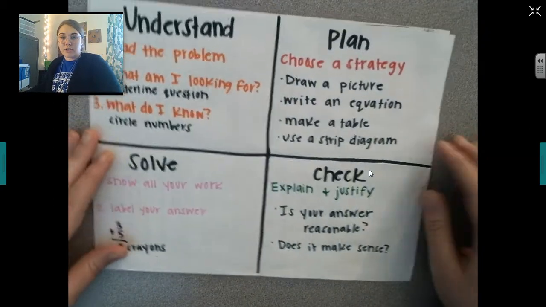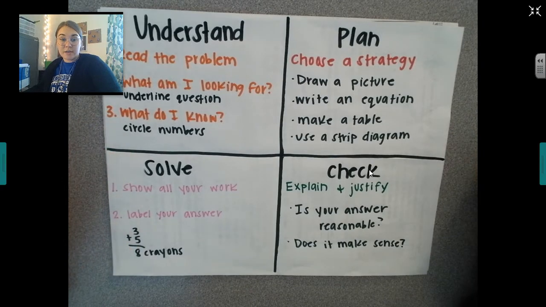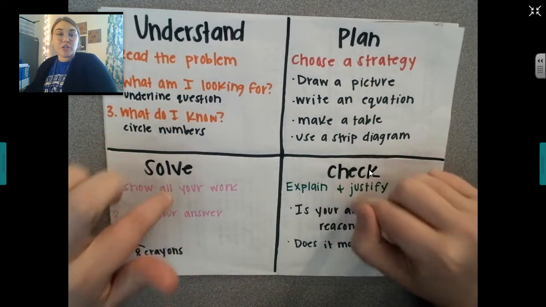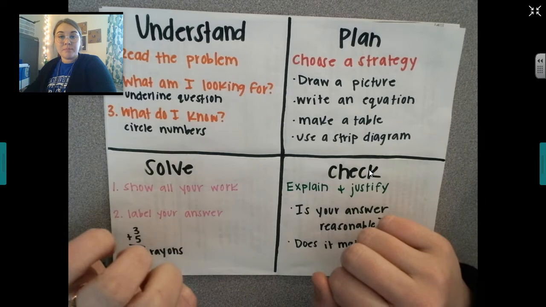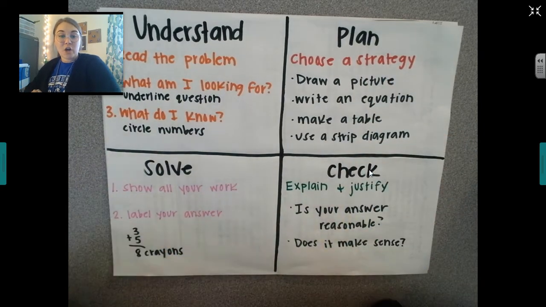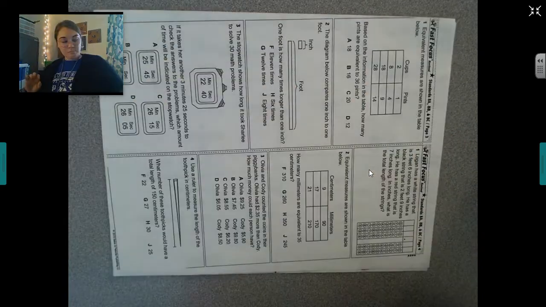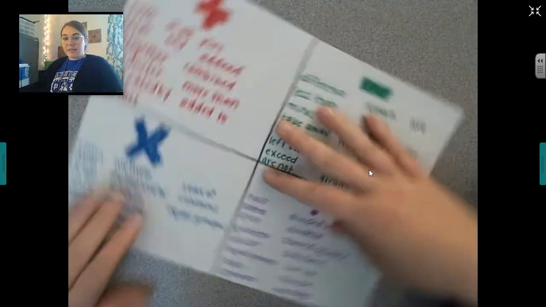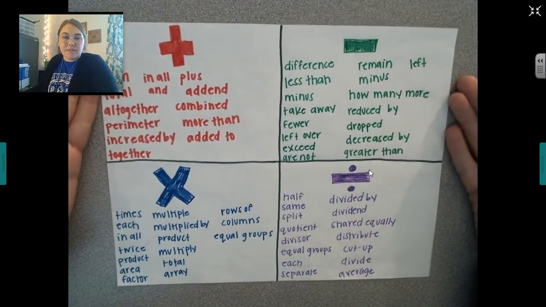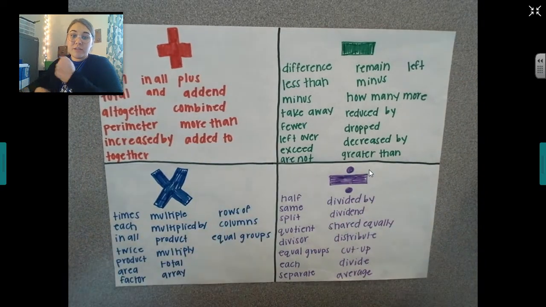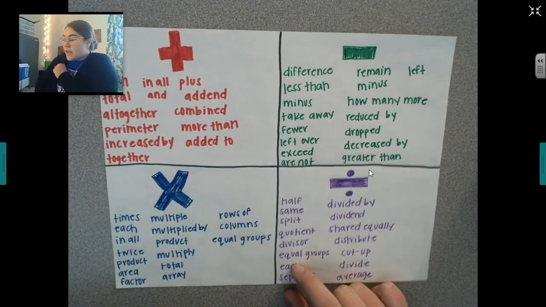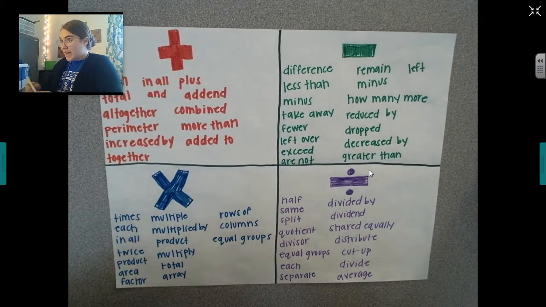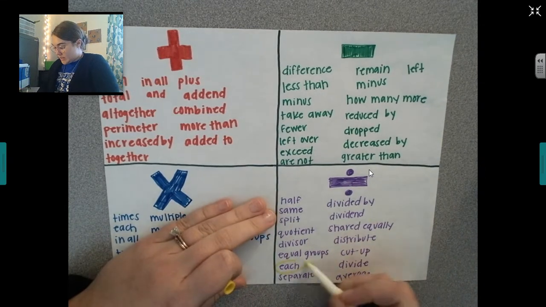So before we do that, I'm just going to remind you about the UPS check strategy. The UPS check strategy is where we read the problem, we plan out, we solve it, and then we check it. Then what we do is we look at our keywords. Now, sometimes you're not going to be able to remember all of these. One for division that you really need to remember is the word each. That is one of the most common ones that I have seen on word problems this year.